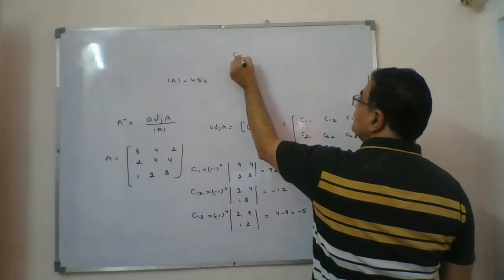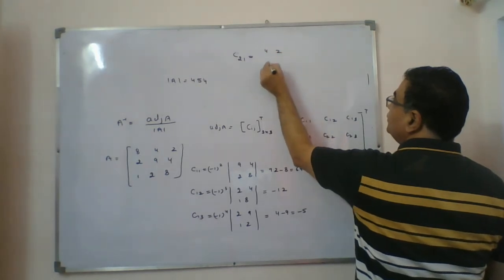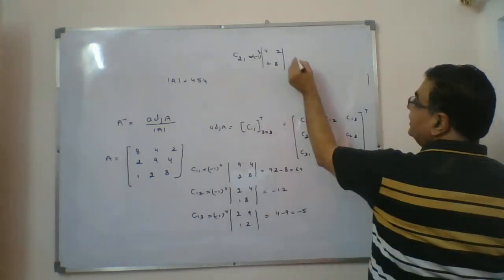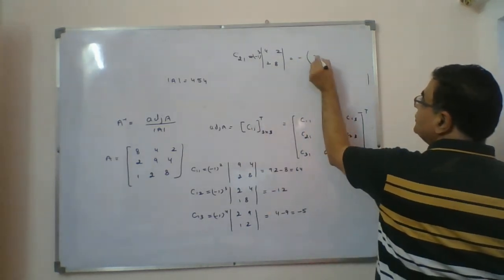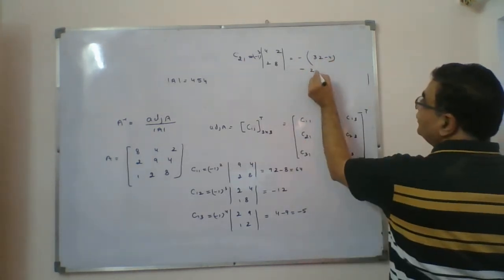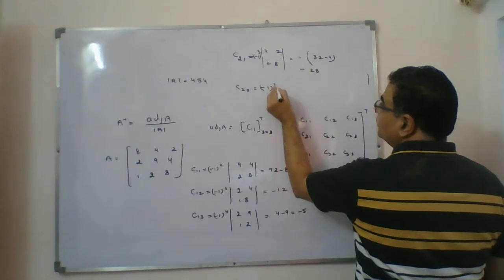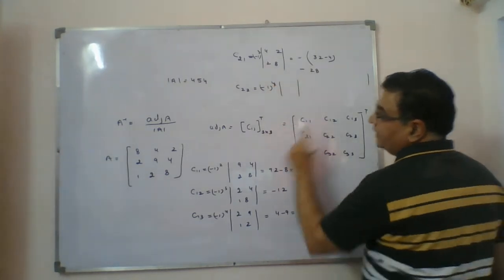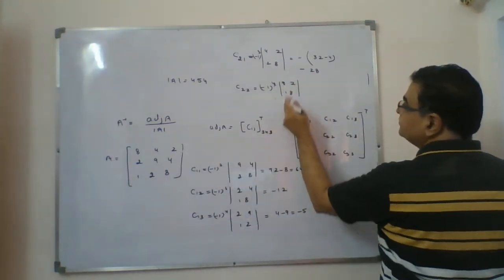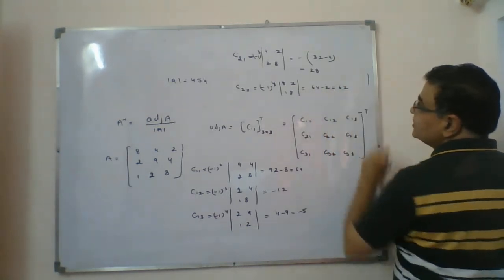Now we calculate C21. 21 means this element, the minor is 4, 2, 2, 8, and here it comes minus 1 whole cube. Then 32 minus 4, left is 28, so minus 28. Then we go for C22, minus 1 whole power 4, and 22 means this element, so the minor is 8, 2, 1, 8. Then 64 minus 2, it will be 62.